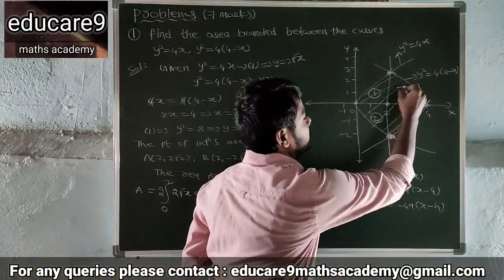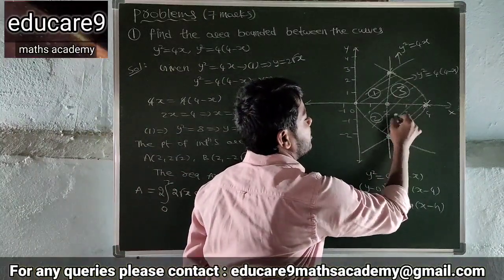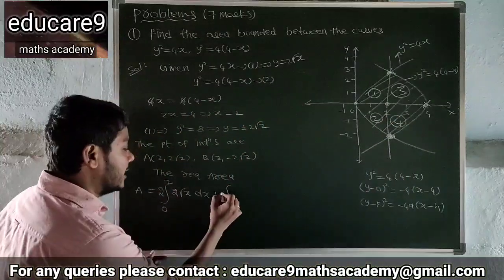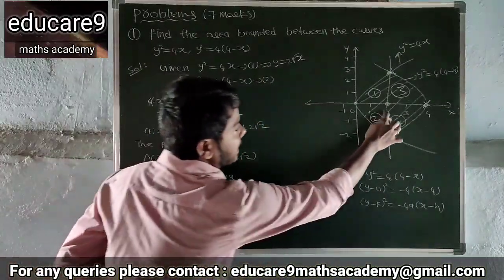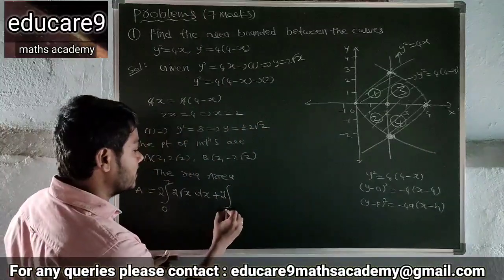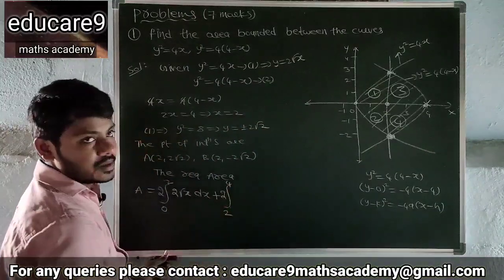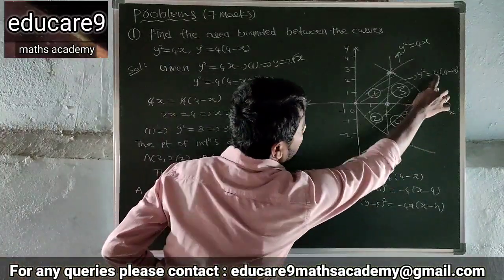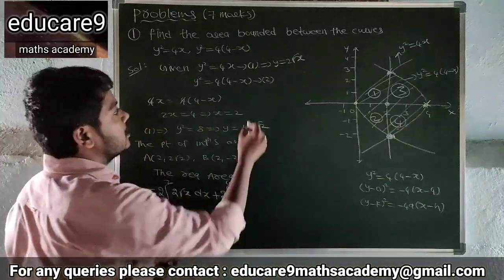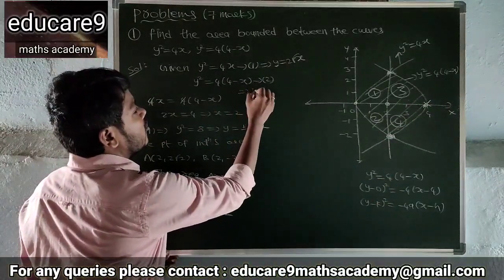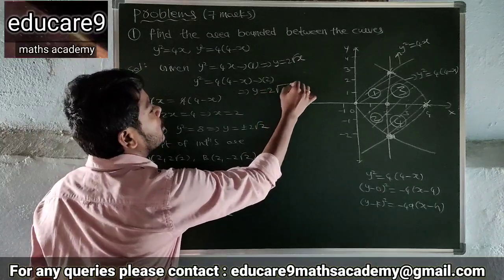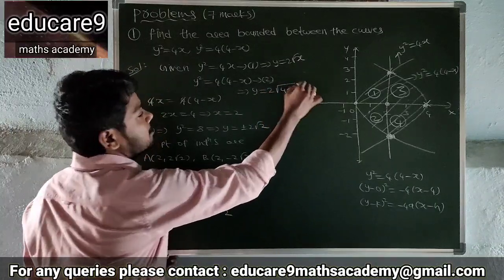Again this area and this area are both the same, so write 2 times the integral from 2 to 4. Which curve is the upper curve? It is 4 into 4 minus x, so y can be written as 2 root 4 minus x.